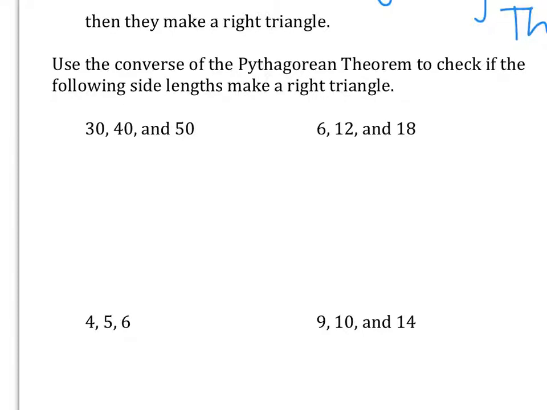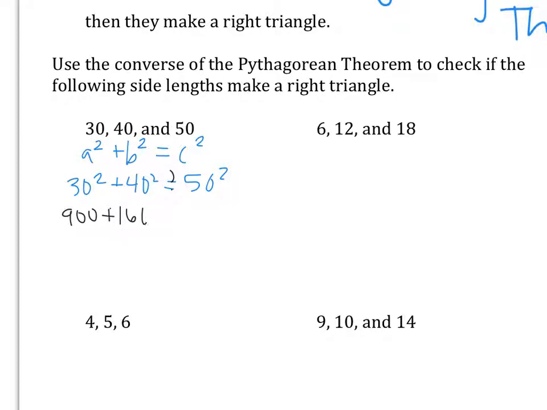So if I plug these into A squared plus B squared equals C squared, I will plug in 30 squared plus 40 squared, and does that equal 50 squared? I'll put a question mark in here because we have to figure that out. We don't know exactly if it does equal, therefore making a right triangle. So if we go ahead and solve, 900 plus 40 squared is 1600.